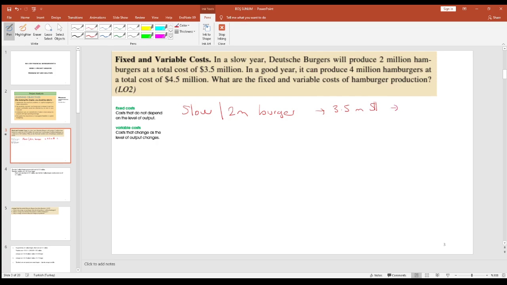In this case, we need to know that this is total cost. So in a good year, we have 4 million burger production at a cost of $4.5 million total cost.